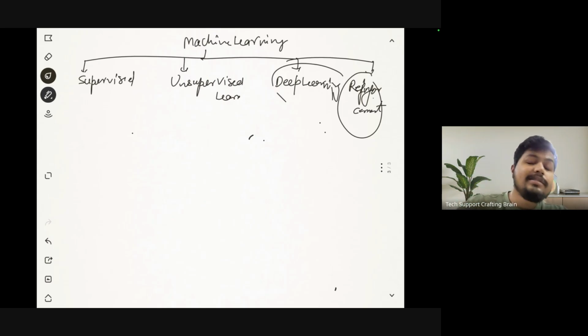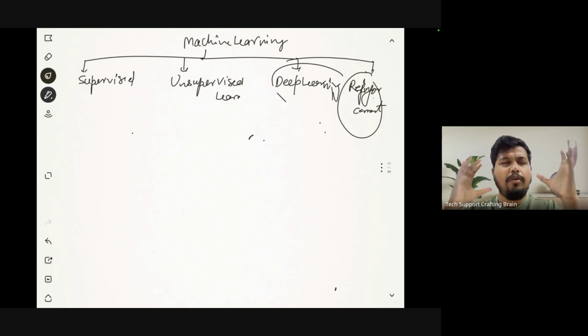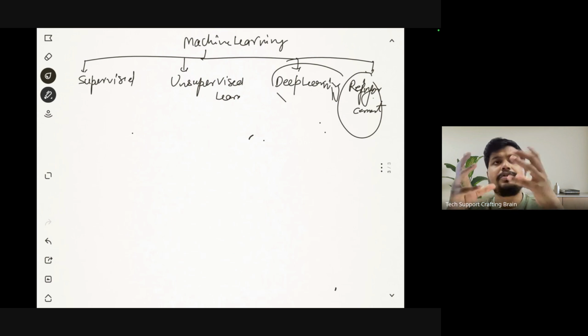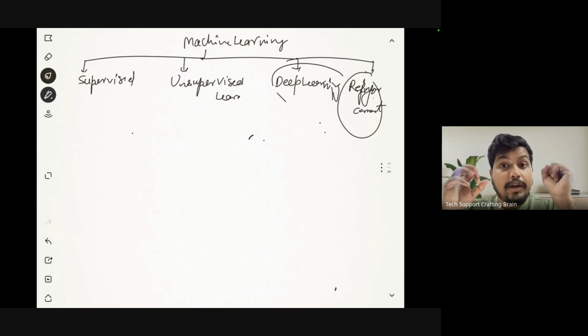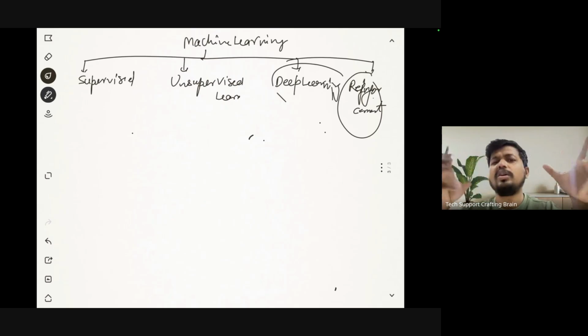So deep learning, guys, is nothing but where the problem is very complex. If you understand what kind of problem is very complex. Suppose you have to create a system that will recognize a human face. Okay, so human face recognition, guys, is a very tough, complex task, it's not an easy task.